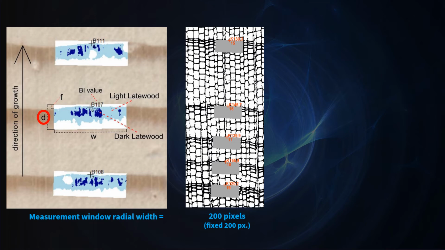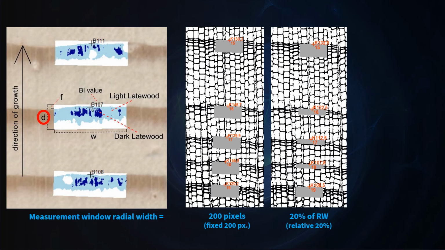So we have to think very carefully about how we use the different parameters to produce a surface intensity value. For example, we might try to have a fixed radial width of the windows that we are using, in order to capture the area which has the highest density, towards the outer part of the ring. So that could be fixed, or it could be proportional to the radial width of the ring.